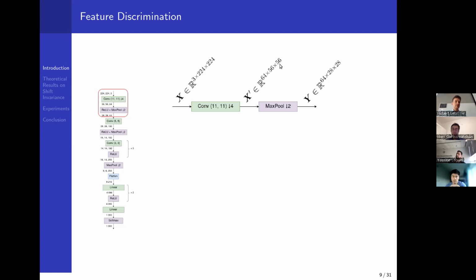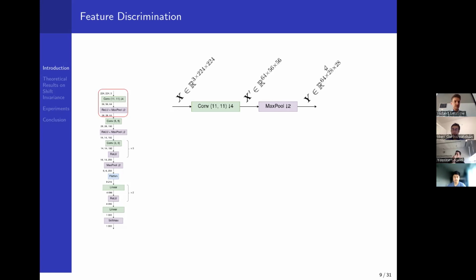Then the resulting feature maps are propagated through a max pooling layer, which computes the maximum value over a sliding window of size 3 by 3. This stage is again performed with a subsampling factor of 2. So again, the size of the output feature maps is divided by 2. Now we have 64 channels of size 28 times 28.